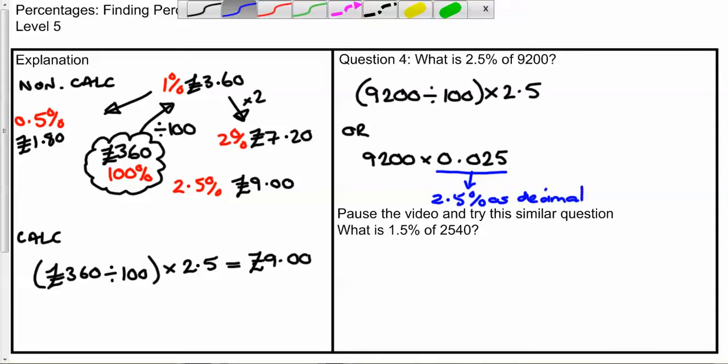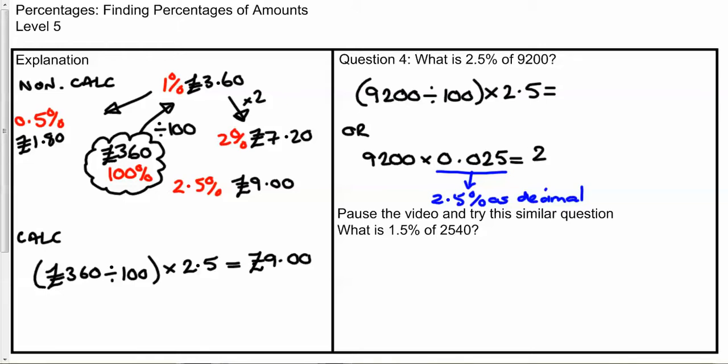And that calculation will give you your answer. In this particular occasion, that turns out to be £230.